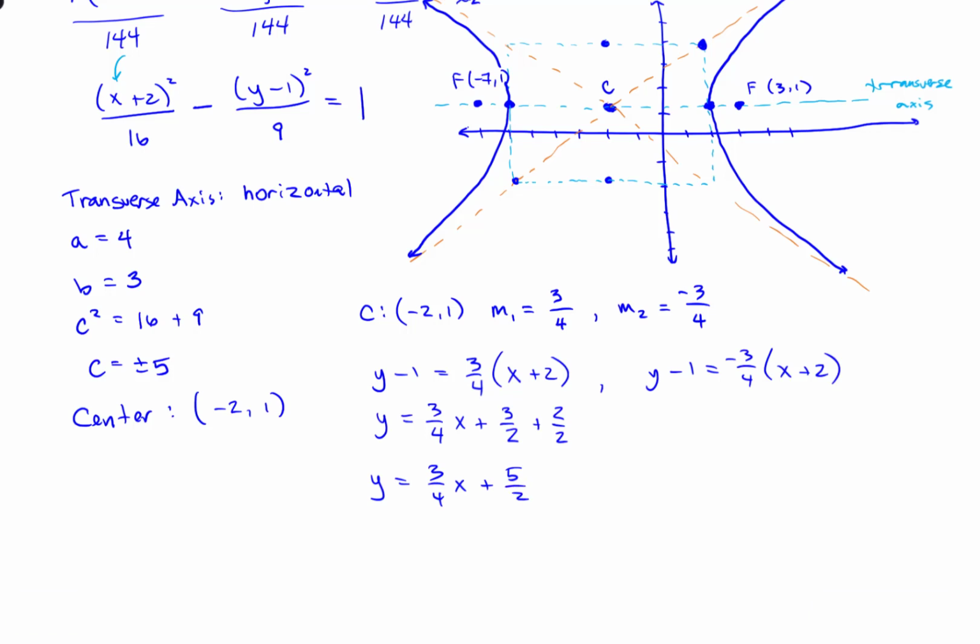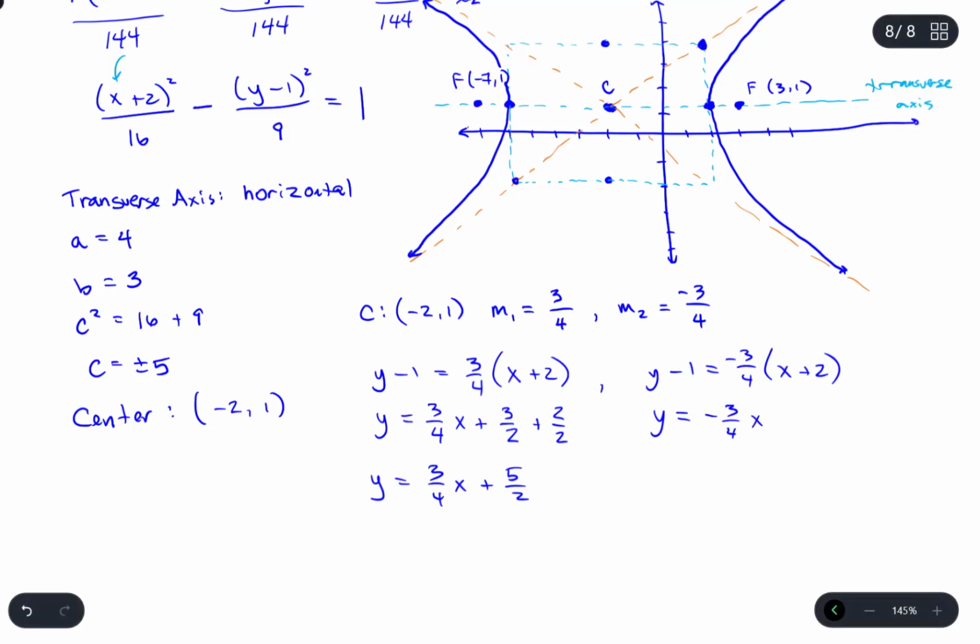And then the other side, I would have y equals negative 3/4 x, 2 over 4, that would be minus 3/2, but then I would still be adding 1, which would be the same as adding 2/2. So y equals negative 3/4 x minus 1/2.